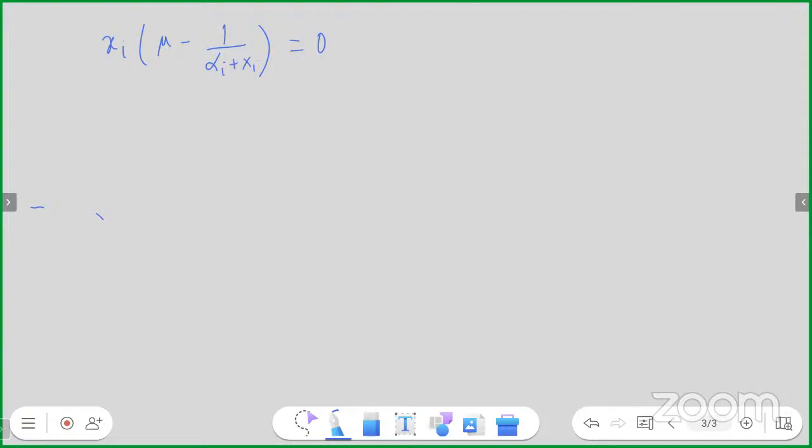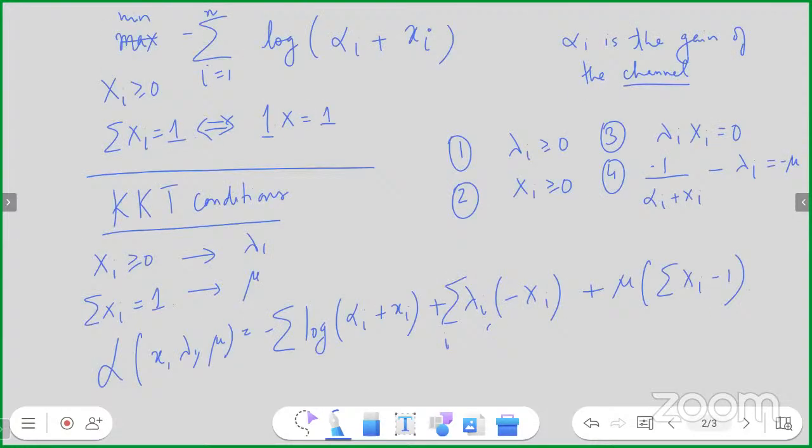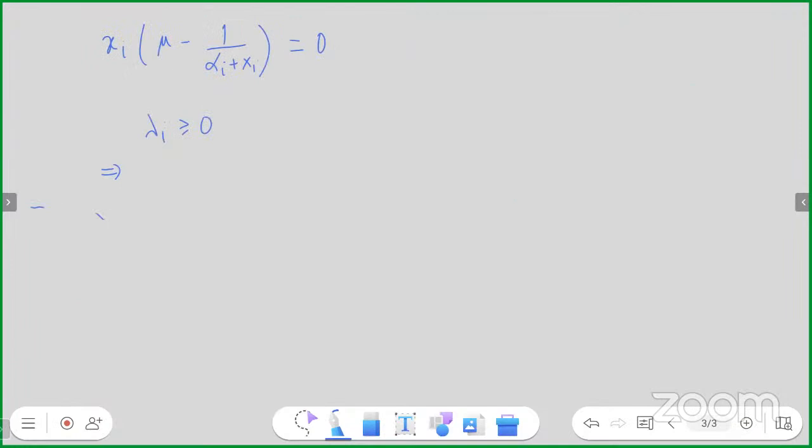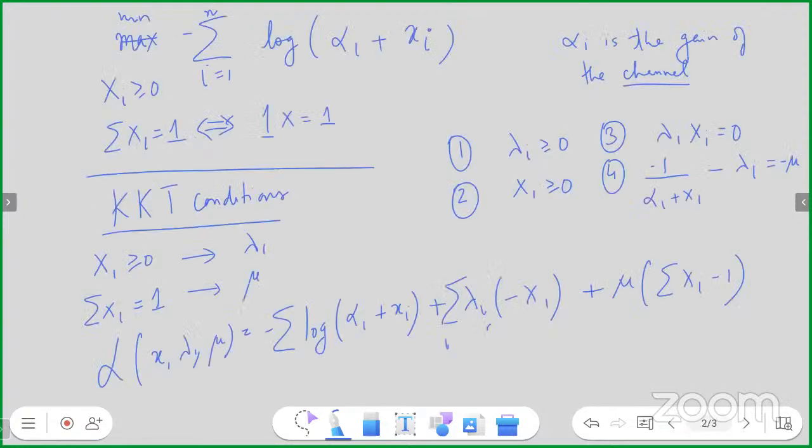One more calculation. That is, lambda I is greater than or equal to 0, which will imply that, put it in. Then I take this as a function of lambda over here. This plus this, and because I know that lambda is greater than or equal to 0, gives me an additional fact, which is mu plus 1 by alpha plus minus 1 over alpha plus this is 2 minus.